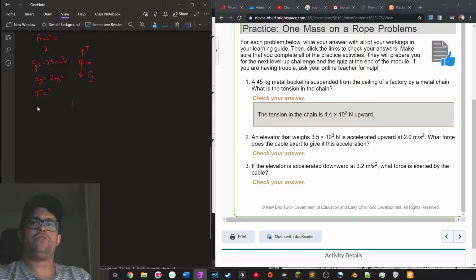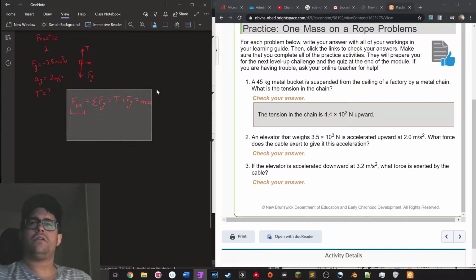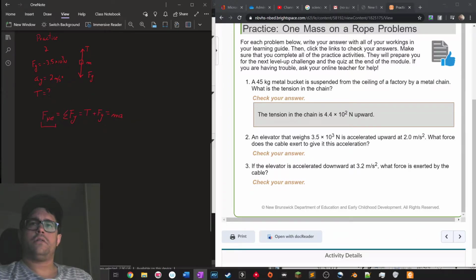So let's do Fnet. What's Fnet? So Fnet is the sum of the forces in Y, which is T plus Fg. And Fnet is equal to MA, which is the acceleration on that mass.